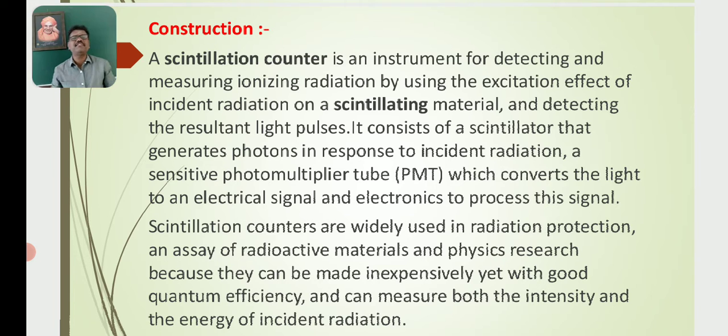A sensitive photomultiplier tube, PMT, converts light to an electrical signal, and then further electronics process this signal.